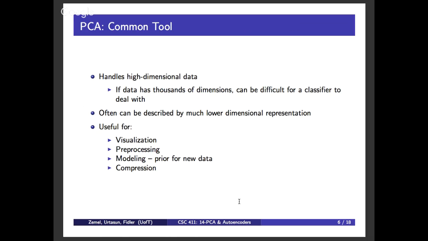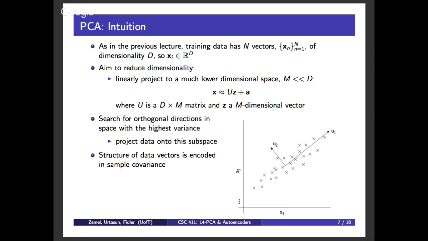It's also used in pre-processing and compression algorithms. Some of the intuition is that it linearly combines the features, and if you have two correlated features like this, what we essentially want to do is find the direction with maximum variance. I don't want to go into detail, but this is the basic intuition of PCA.